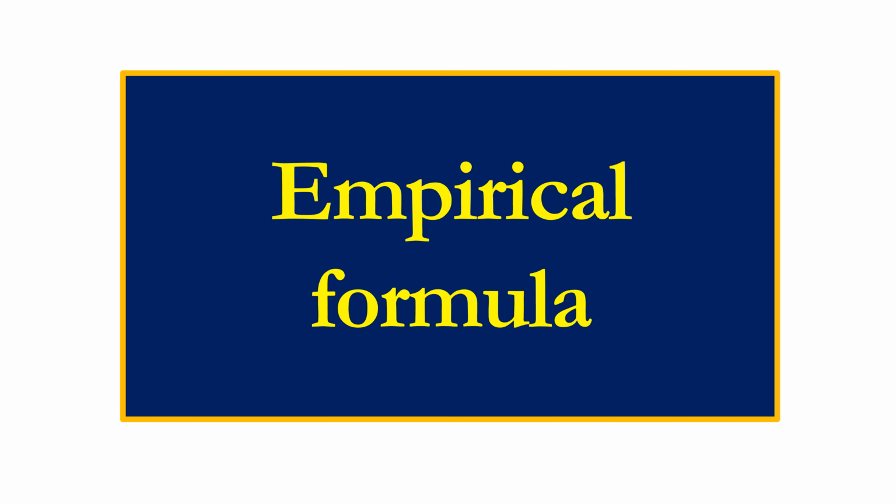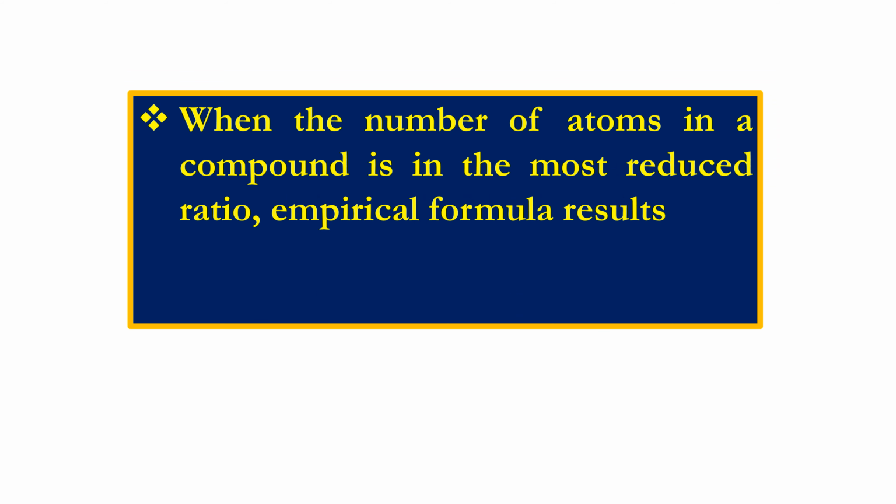So let's now look at empirical formula. What is empirical formula? When the number of atoms in a compound is in the most reduced ratio, we call that formula empirical formula.